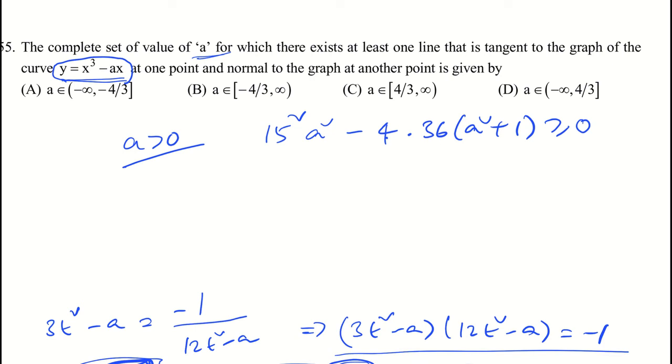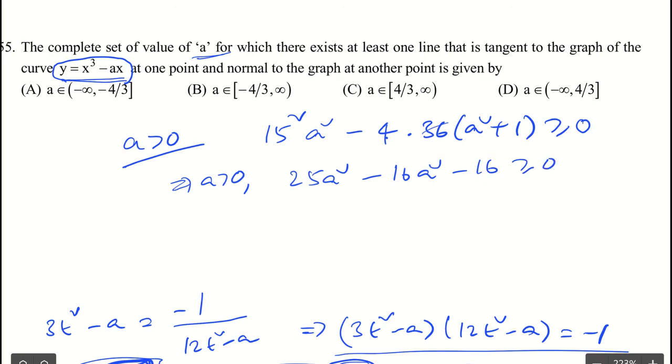So from this I get a greater than 0, comma, cancelling a 9 throughout. So here we have cancelled a 9, so that is 25 a square minus 16 a square minus 16 greater than or equal to 0. So I'll have 9a square minus 16 greater than or equal to 0.